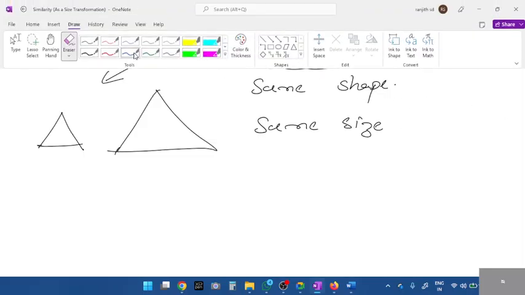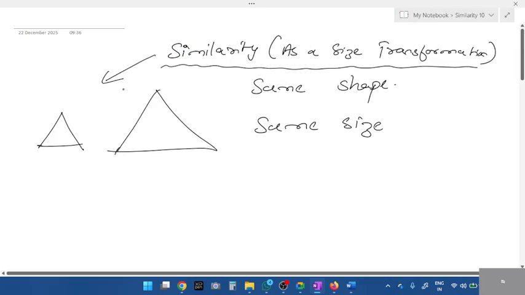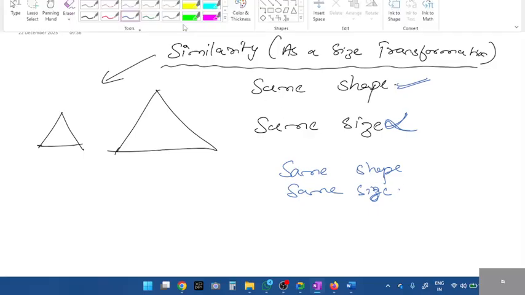Now, similarity: any two objects, triangle, rectangle, square, circle, any two, same shape but different size. That is known as similarity. Even if they have the same shape and same size, that is also known as similarity. But in this chapter, we'll have just the same shape, students, not the same size.